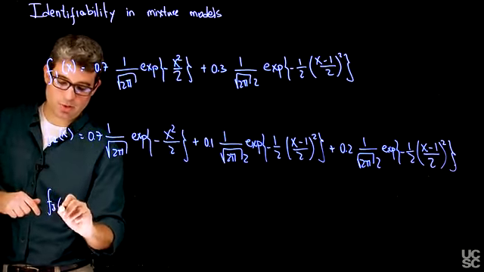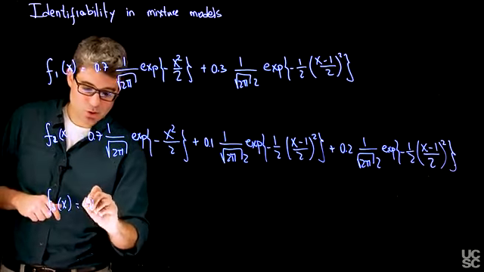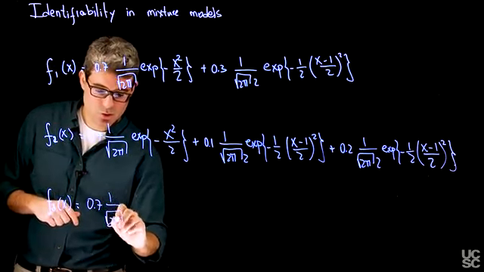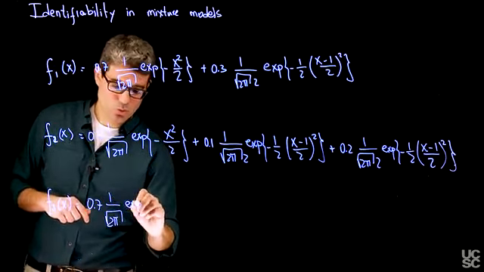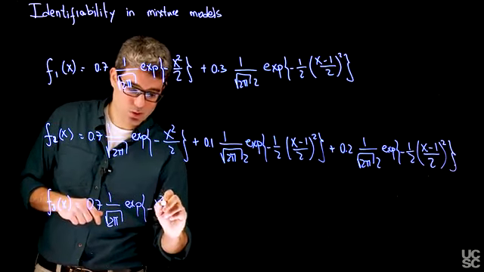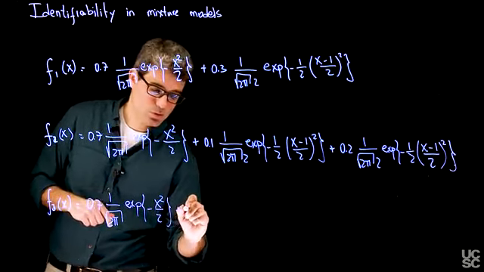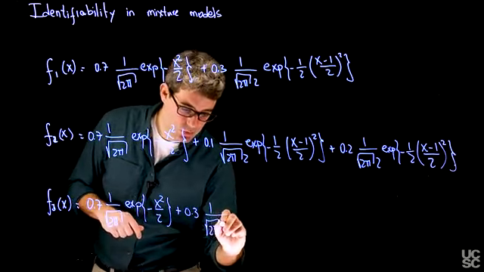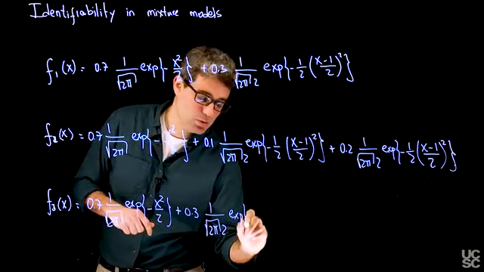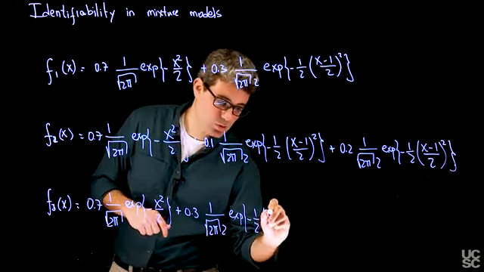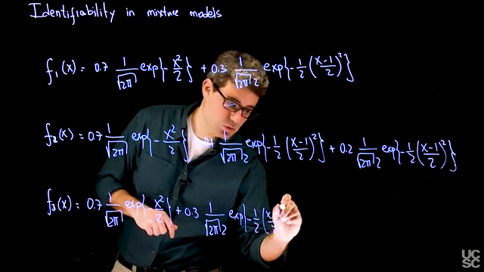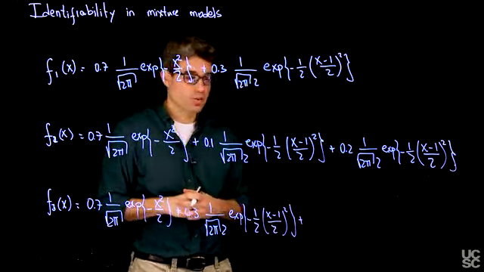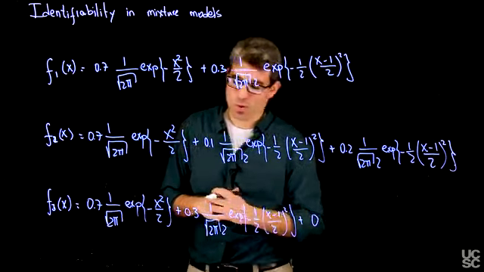Another way in which this can arise is that, of course, I can retain my original components. So call this F3 of x, just another mixture. So I can work with the mixture that I had before, and I can add 1 or 100, if I want, components that have 0 weight.